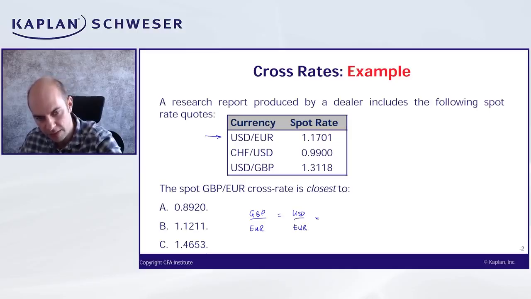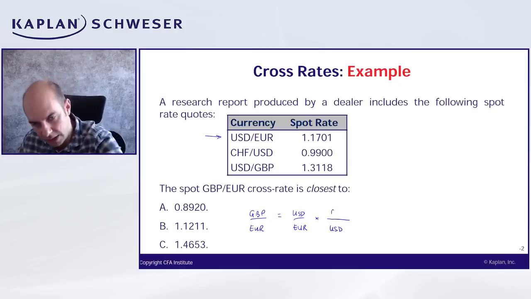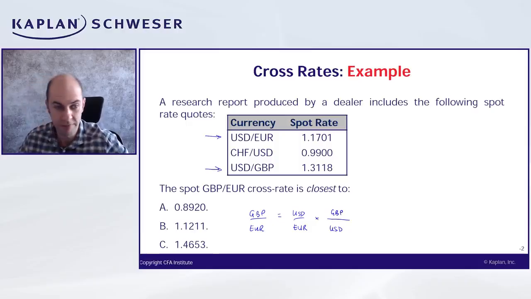And now we need to multiply in such a way that the dollar is going to cancel out. So I'm going to want the dollar to be down here, and I'm going to want the pound to be up here. So I'm going to want the GBP over dollar. Notice that they've given me dollar over GBP, so there will be some reciprocation going on here.